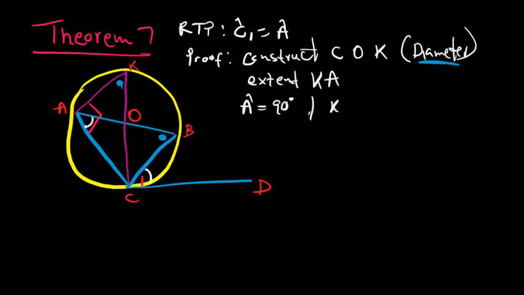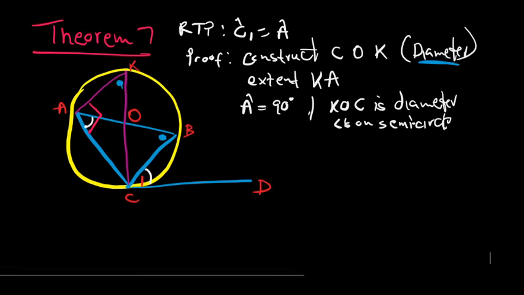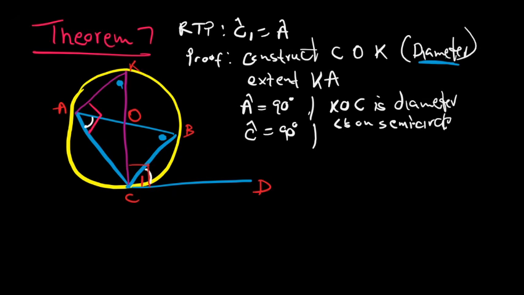Reason: KOC is a diameter, or you can simply say angles on a semicircle. Another thing you can confirm is that angle C is 90 degrees. Reason: the diameter KOC is perpendicular to the tangent CD.